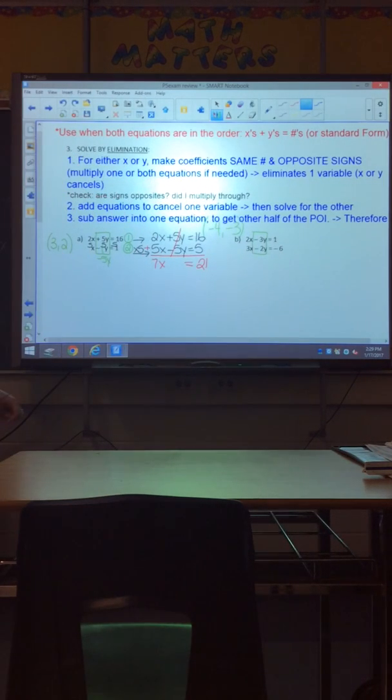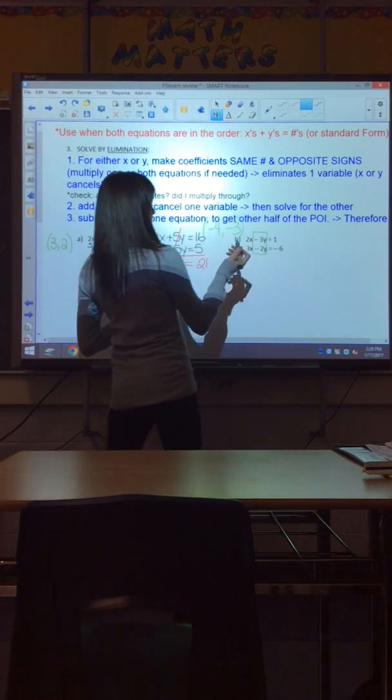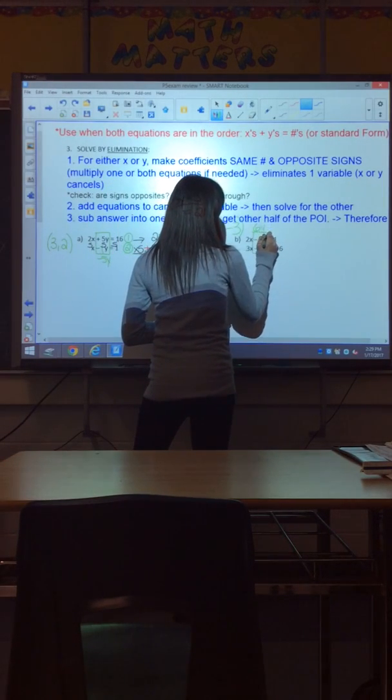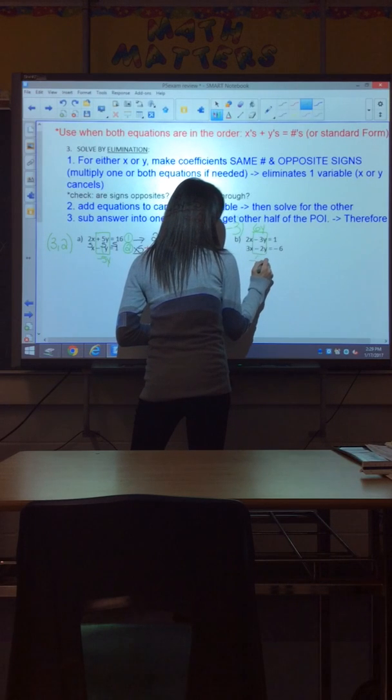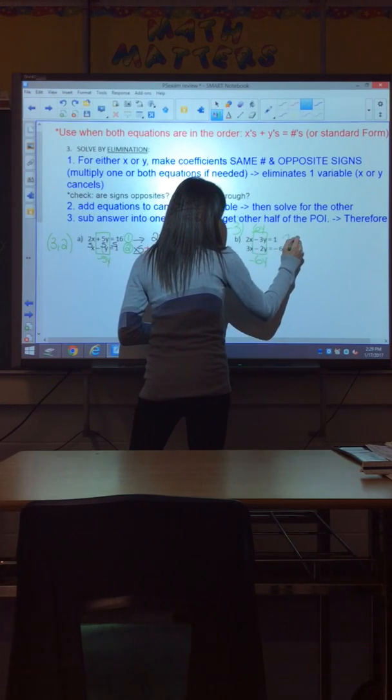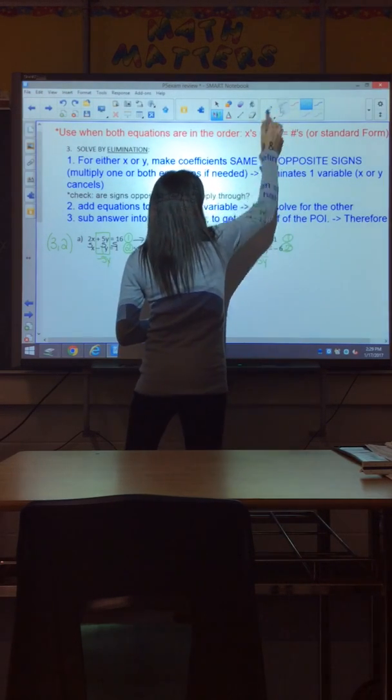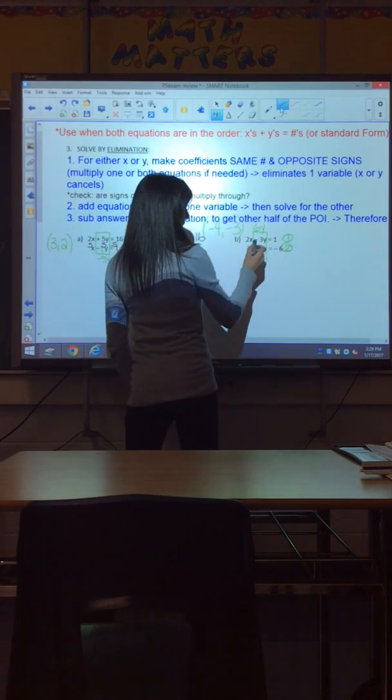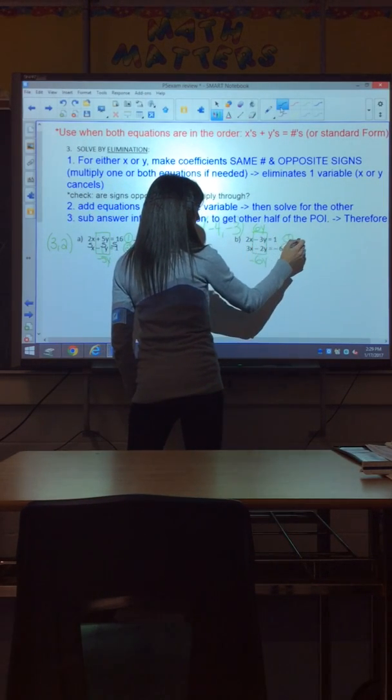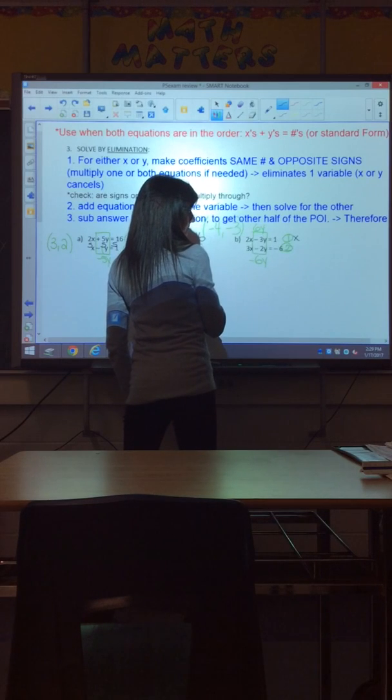What would make them cancel? Multiply to get to what? 6. If this were 6y, this would have to be? Good. So equation 1, I want to multiply negative 3 by what to get to positive 6?